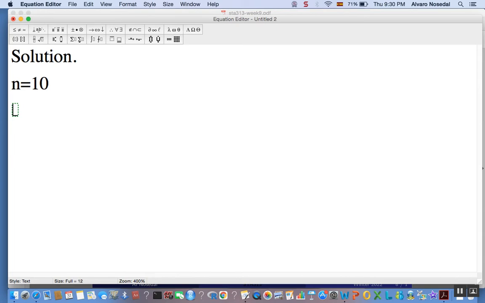The sample standard deviation happens to be 20, and the sample mean x bar is 135.